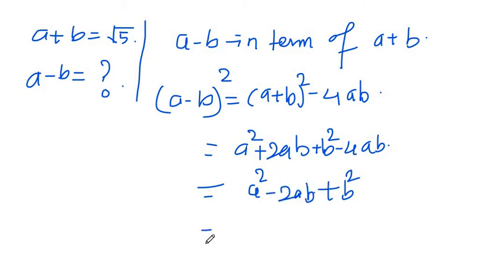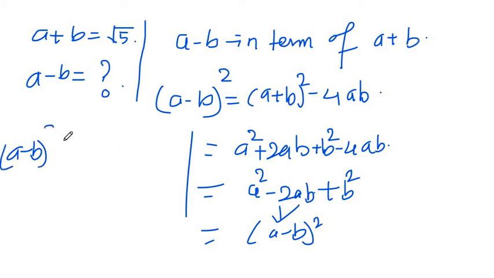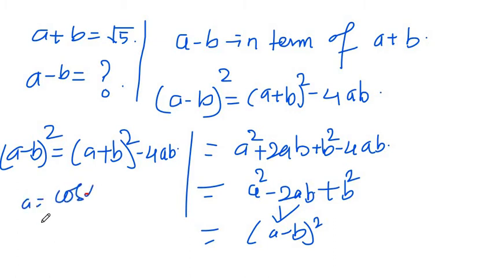And you know that is the formula of a minus b whole square. So what I want to say is we can write the whole square of a minus b in terms of the whole square of a plus b, but later we have to subtract 4ab. So in our question, in the place of a we have cos alpha, and in the place of b we have sin alpha.